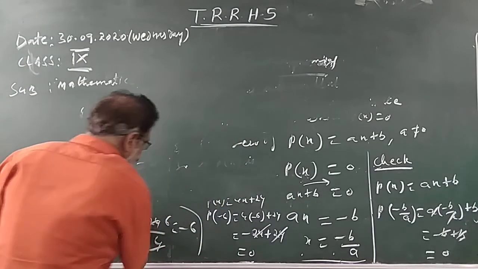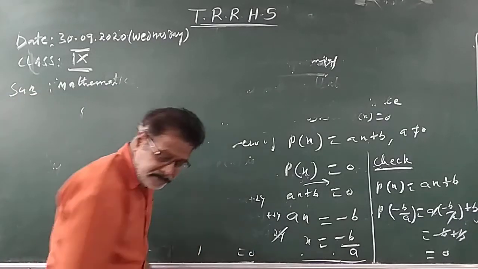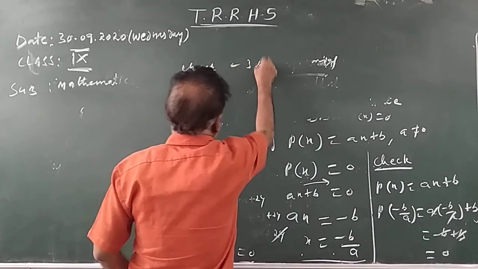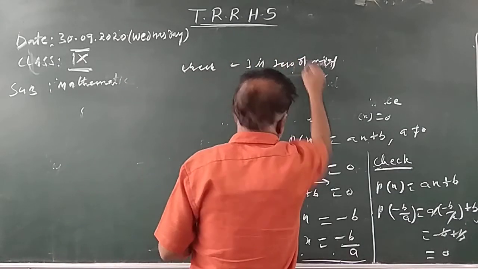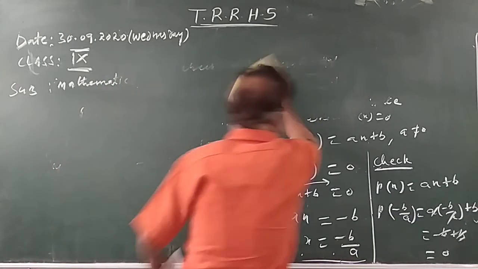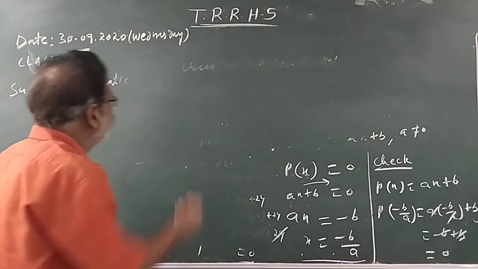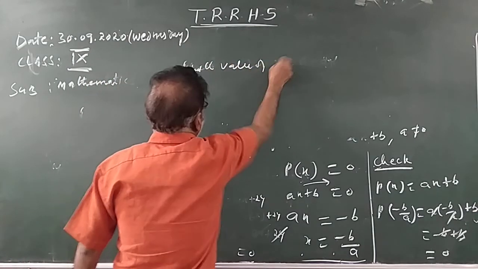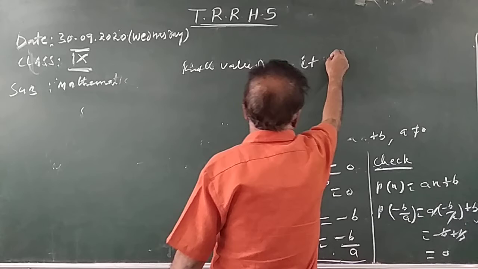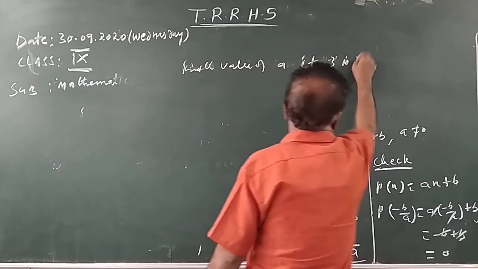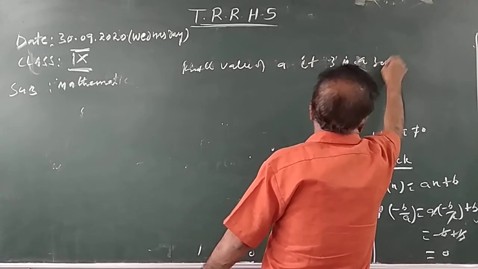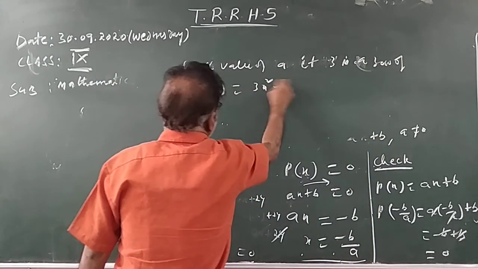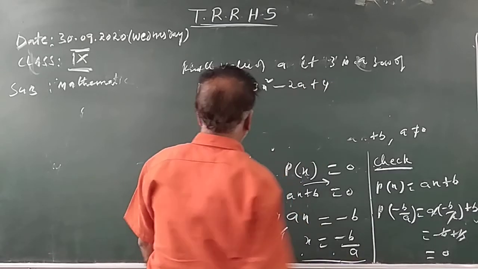One more example I give you. Find the value of a if 3 is a zero of p of x equal to 3x square minus 2a plus 4.